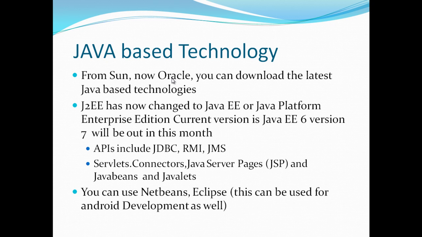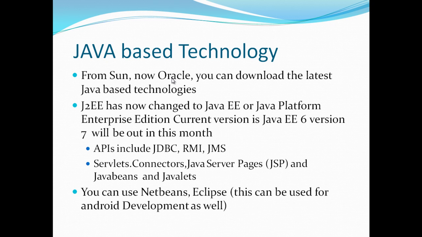Okay, let me quickly give you some technology. Java-based technologies: a lot of people love Java these days because it is mobile, right? But there are lots of other languages you might like to use. This is a platform. J2EE has now changed to Java EE, Java Platform, Enterprise Edition.